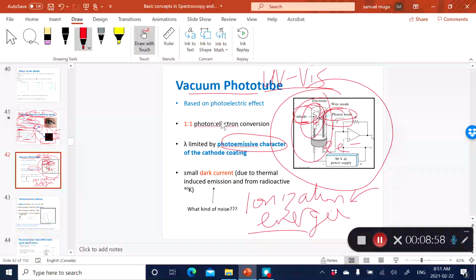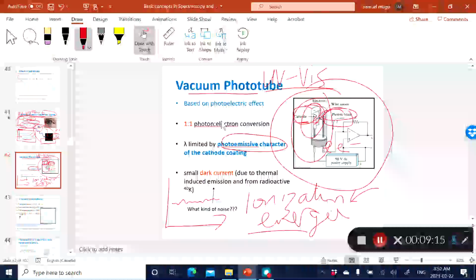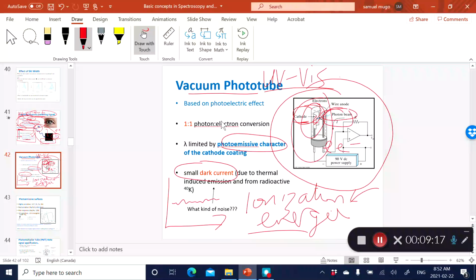One big disadvantage with the vacuum phototubes is that even when the instrument is idle, you always have a little bit of current that is being transmitted. And that is referred to as the dark current. The reason for that is because there's always some bit of stray light, okay?